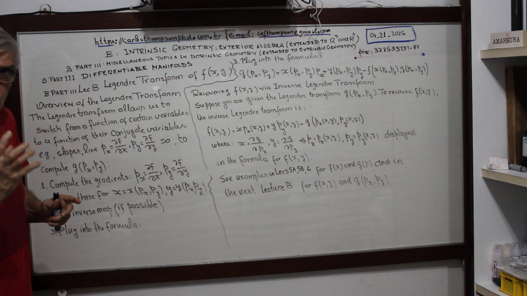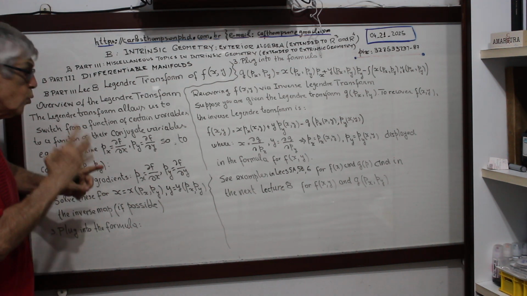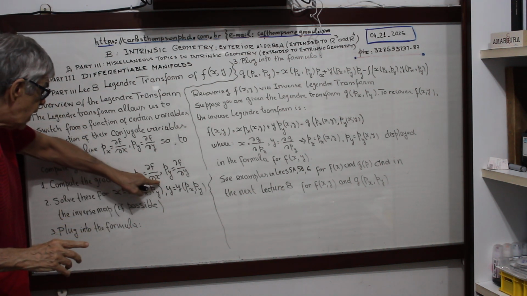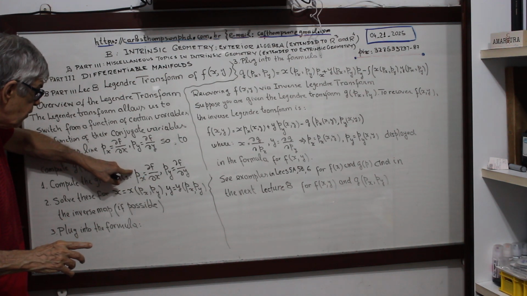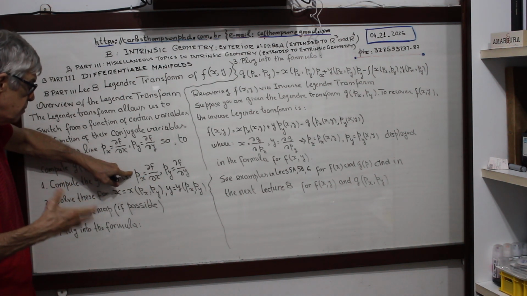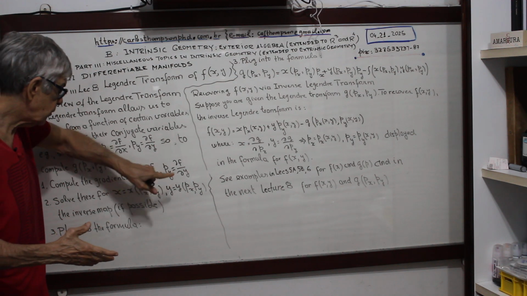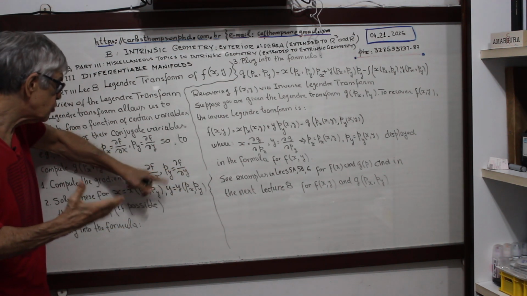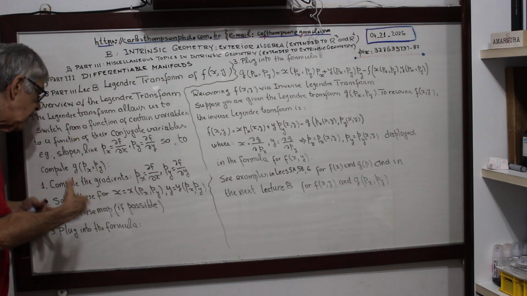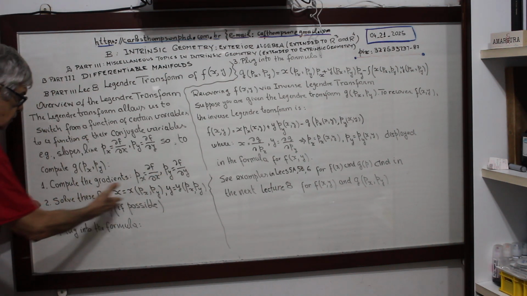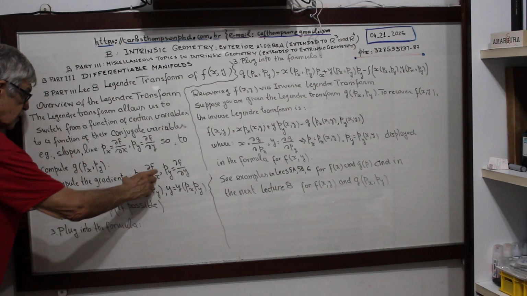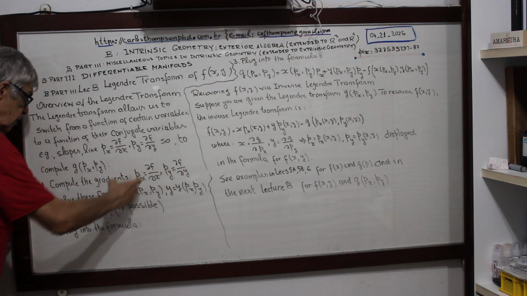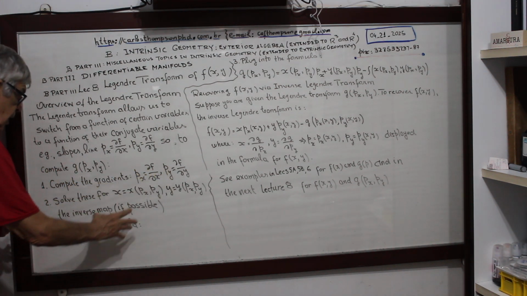If it is possible to solve, we will obtain x as a function of px and py, and y as a function of px and py, like it's written over here. So this is the inverse, if possible.